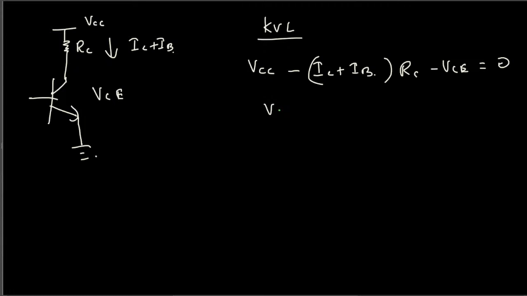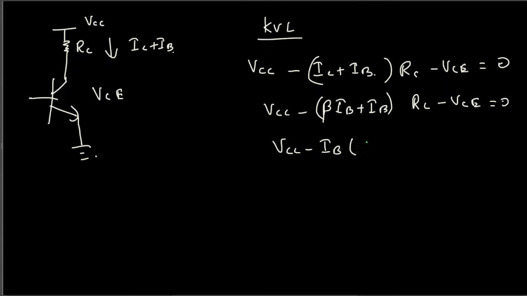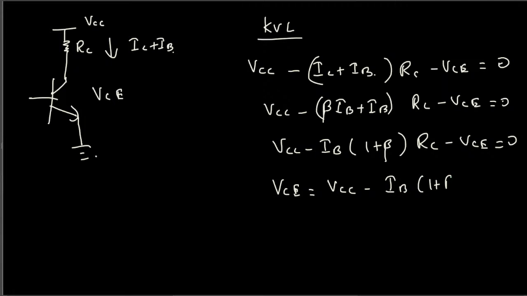So if you do that, then this is going to be VCC minus beta IB plus IB, RC minus VCE should be equal to 0, and if you take IB common here, this is going to be 1 plus beta times RC minus VCE, that's equal to 0. Therefore, if we rearrange this one in terms of VCE, this is going to be VCE is equal to VCC minus IB times 1 plus beta times RC, and that is the expression for the VCE.